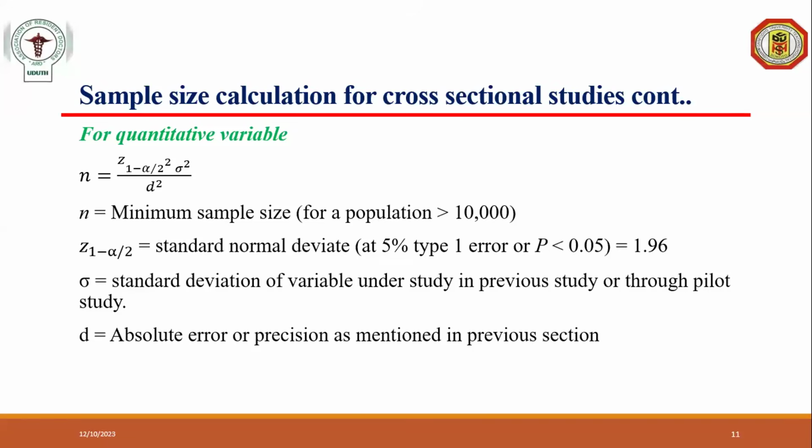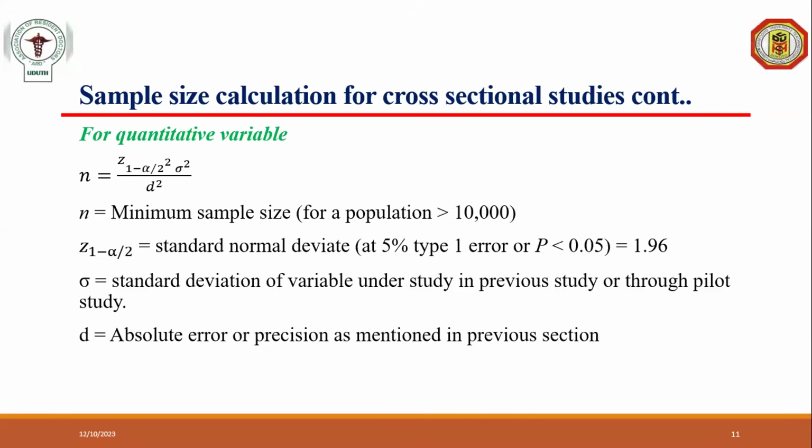So this Z is Z subscript 1 minus alpha over 2, squared, then the standard deviation, lambda squared, that is the standard deviation of the outcome. Then D, we will also explain all of them. Our N here is the minimum sample size for a population greater than 10,000. But as I have said earlier, even if your population is less than 10,000, you must use this formula first before you now use the correction formula for populations that are less than 10,000.